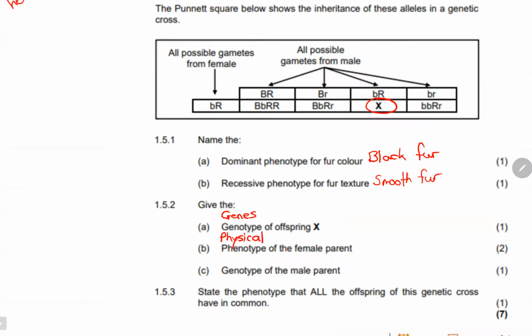So firstly, A is asking, give a genotype of offspring X. How are we going to get that genotype? It's going to be exactly the same as we did in the previous Punnett square. So we're going to take the gametes from the male and from the female, and we're going to be putting them together. So let's just write them out here. This is from the male, and simplified, this is from the female. They're both going to move in there, because remember, they would combine.